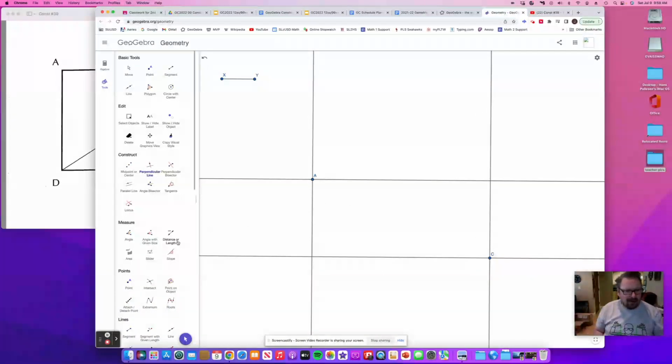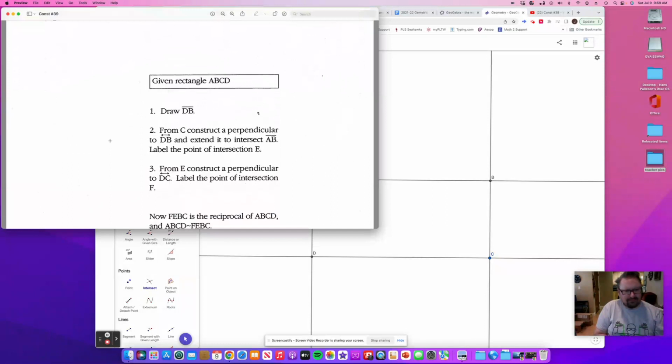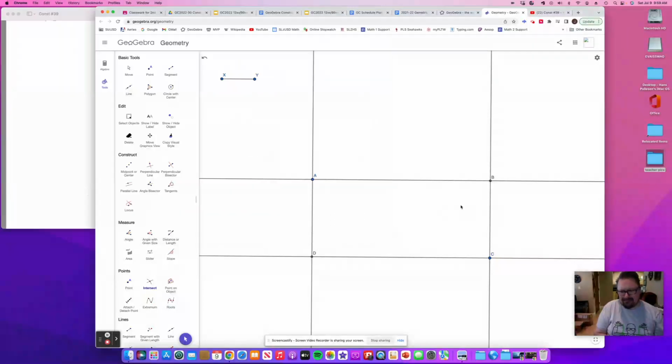And then I will mark my intersections. And I have B and D. All right, very good. So now what we need to first do is draw the segment BD, or DB.